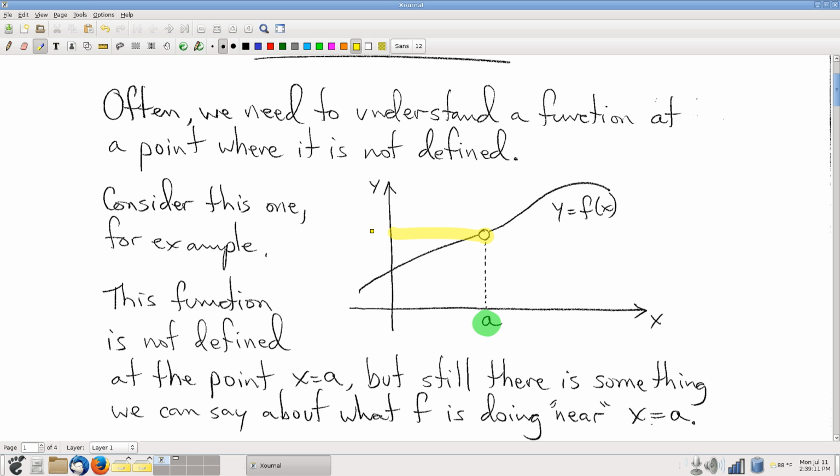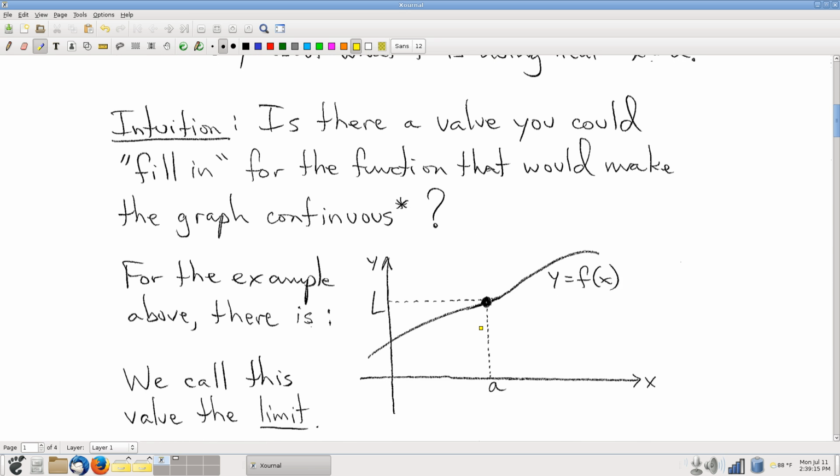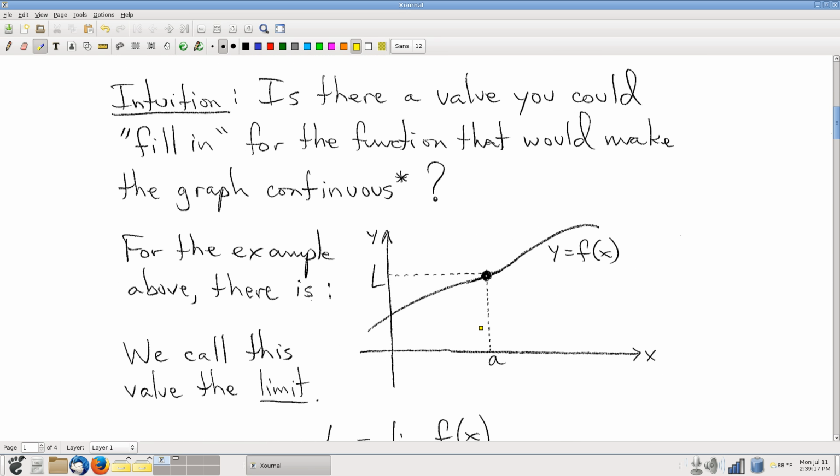Now this is just for intuition purposes. So another way to say that is, where would you fill in the function and make the resulting curve continuous?